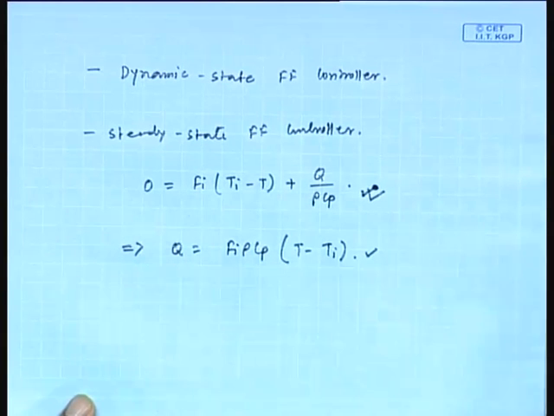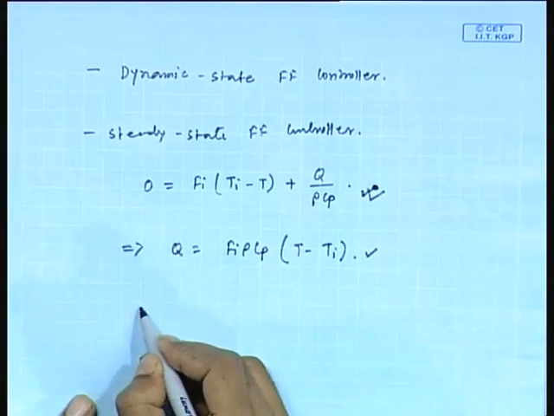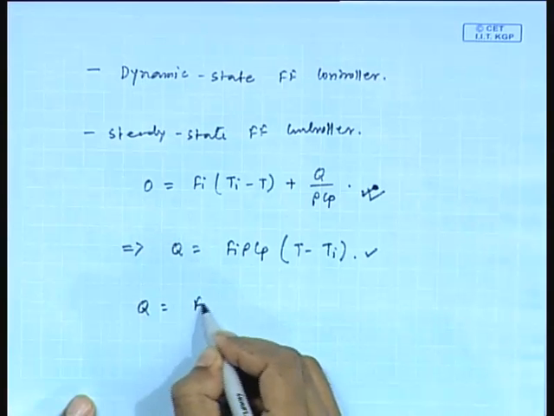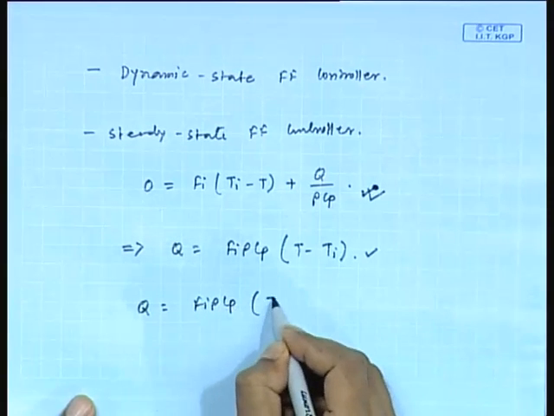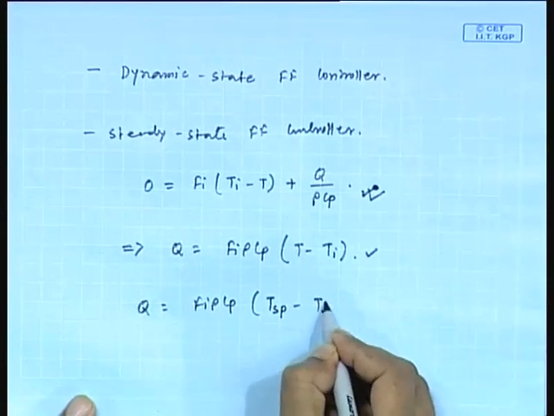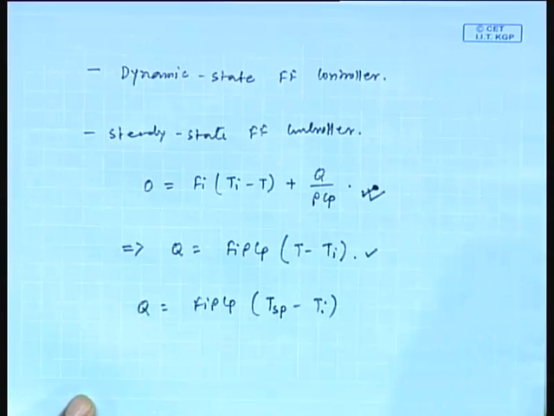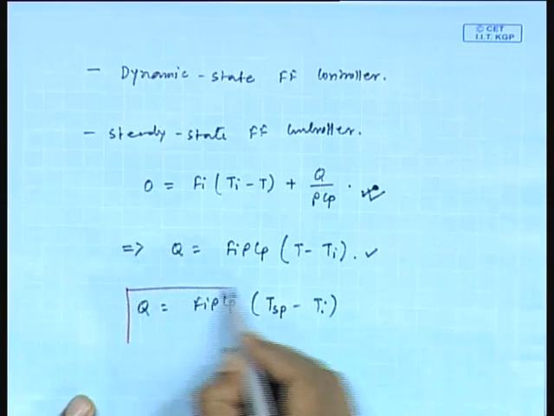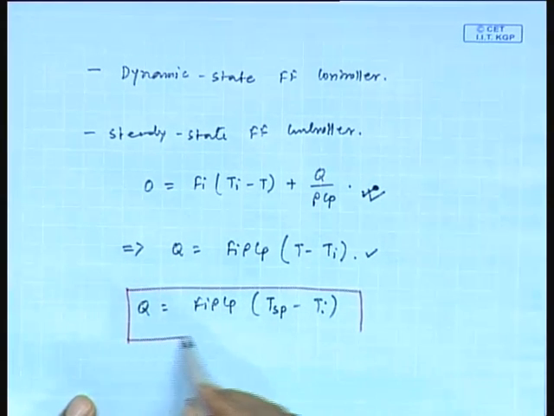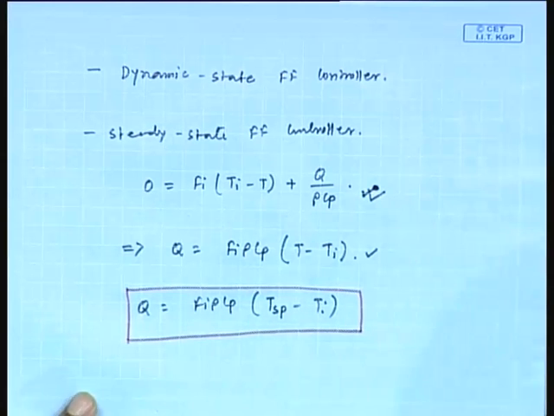Now, this is the design equation. Sorry, we just have to put T equal to T set point, then finally we obtain this, and this is the design equation for the steady state feed forward controller.